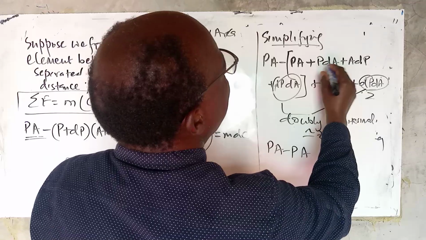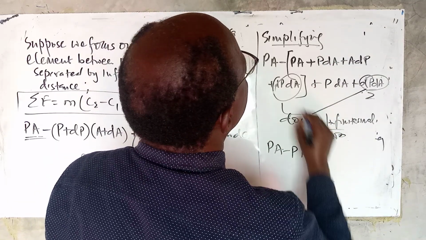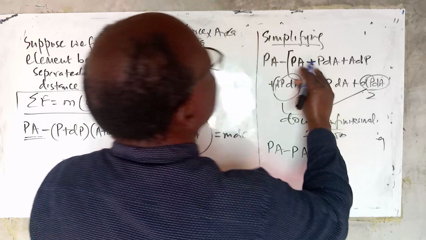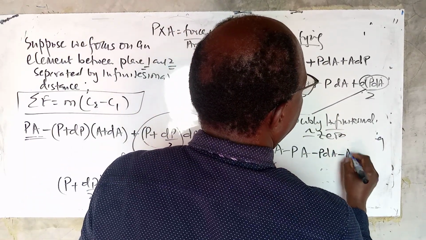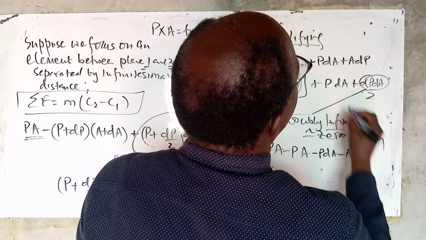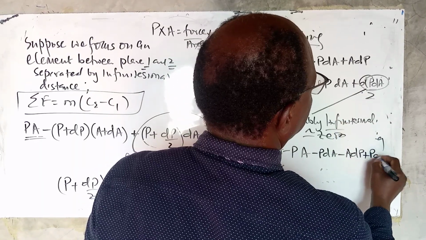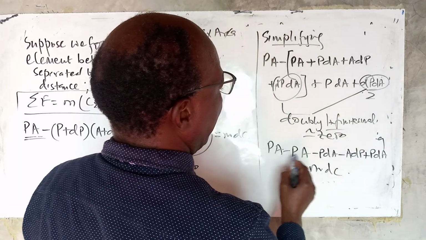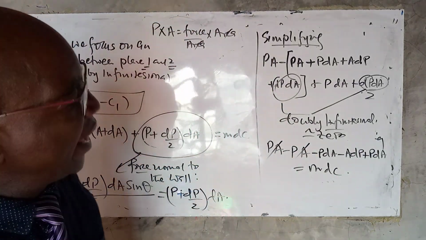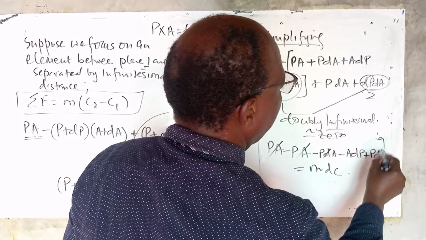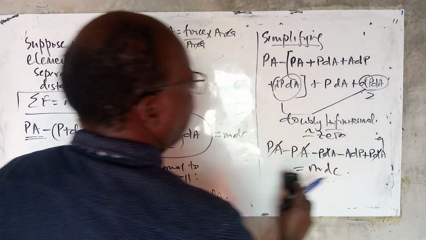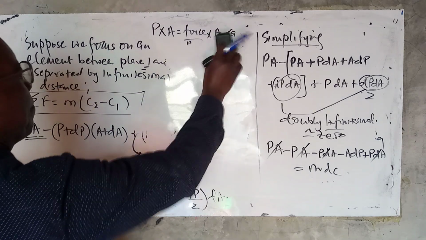PA minus PA minus PdA plus minus AdP plus PdA is equal to m dC. So what do we have here? PA will cancel the PA, and of course PdA will cancel the PdA, and so we are left with minus AdP, m dC.